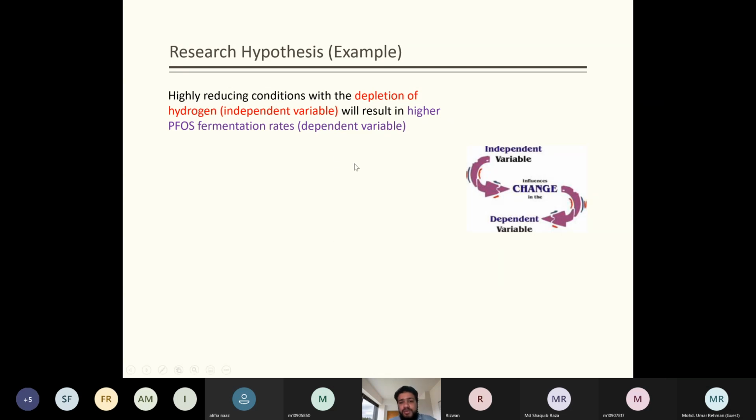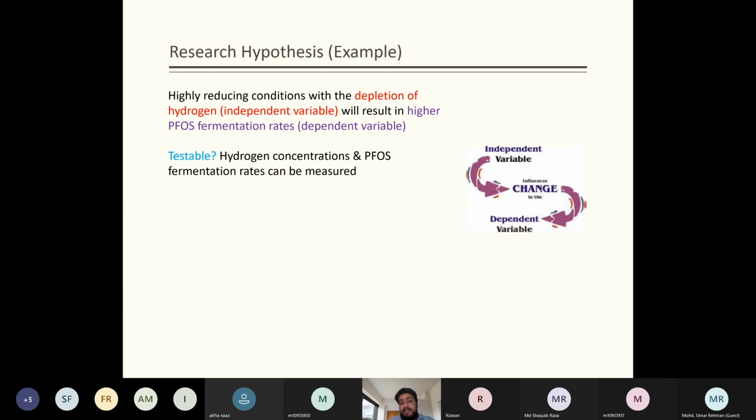So here we have two variables. We have depletion of hydrogen, which is the independent variable, and PFOS fermentation rate is the dependent variable. The PFOS fermentation rate directly depends on depletion of hydrogen, and you see that it gets higher, resulting in higher PFOS fermentation rates. So they are showing the relationship between these independent and dependent variables.